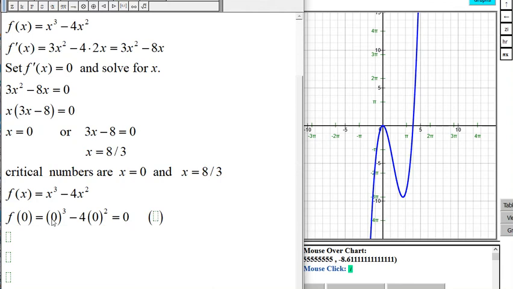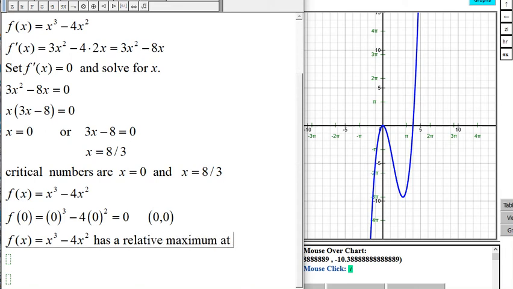So what this means is that when x is 0, y is 0. And then if we look at the graph, we see that at the point 0, 0, we have what's called a relative maximum. So this function f of x has a relative maximum at the point 0, 0.